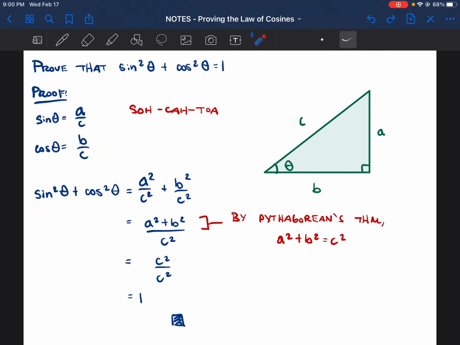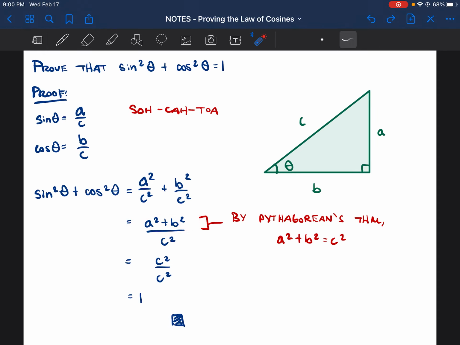And if we do sine squared of the angle plus cosine squared of the angle, well, sine squared, we know sine is A over C, so that's going to be A squared over C squared. Cosine squared, well, we know cosine is B over C, so it's going to be B squared over C squared. But notice they both have a denominator of C squared. So if we add these two fractions together, we get A squared plus B squared over C squared.